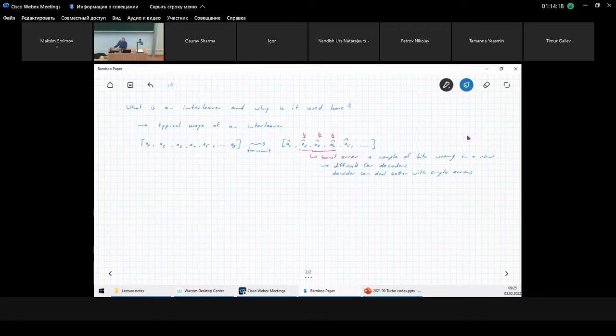So what is typically done to combat this burst type of errors is the use of an interleaver. Let's see what this does. The most simple interleaver is the so-called block interleaver.